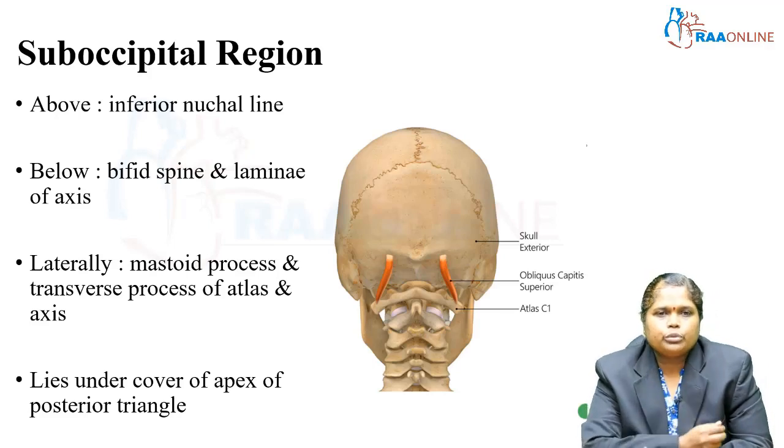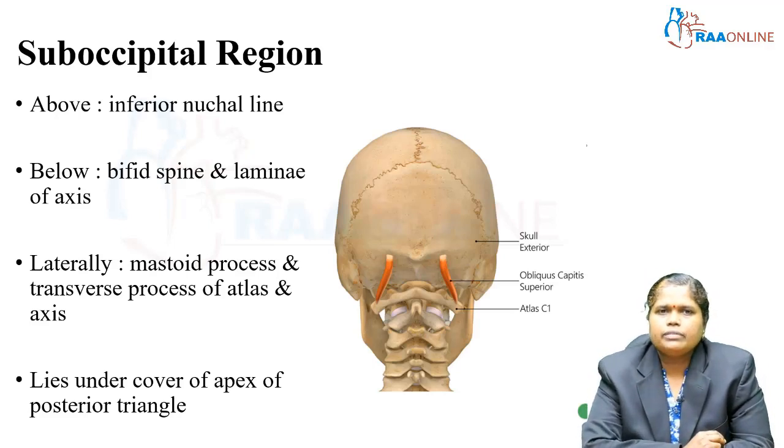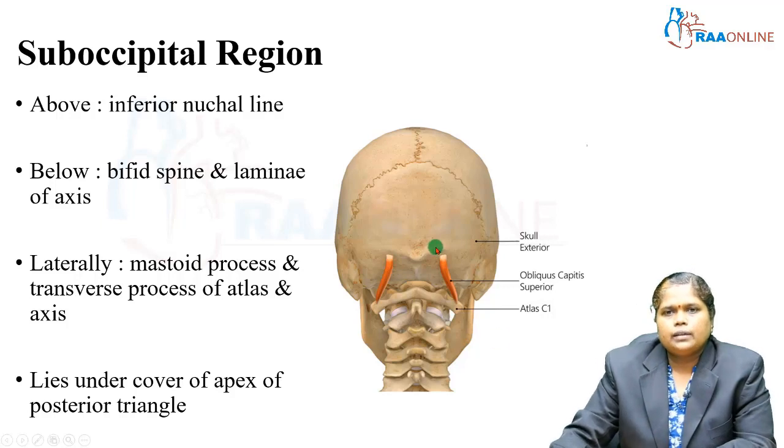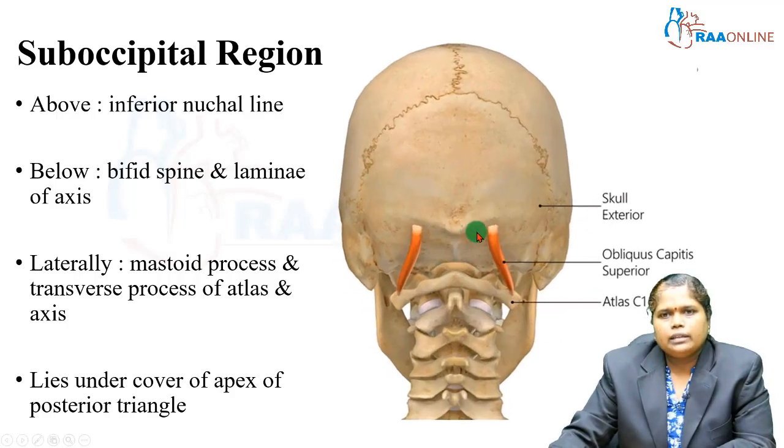Before going to the suboccipital triangle, we will see where the suboccipital region is situated. This region is limited above by the inferior nuchal line. This is the external occipital protuberance, and on either side we have the superior nuchal line. This line is the inferior nuchal line.